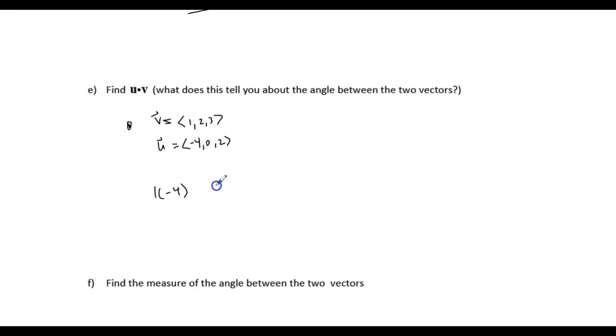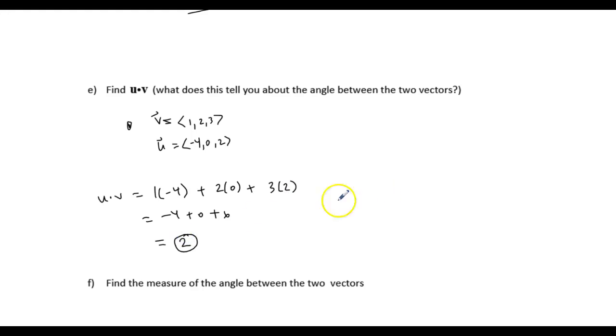The y components are in the same direction, so we multiply those, 2 times 0. And then the z components are also in the same direction. Now that's the new piece, 3 times 2. And if you recall, we add those together to get the dot product. So that's u dot v, and that's going to equal -4 plus 0 plus 6, and we're going to get +2.